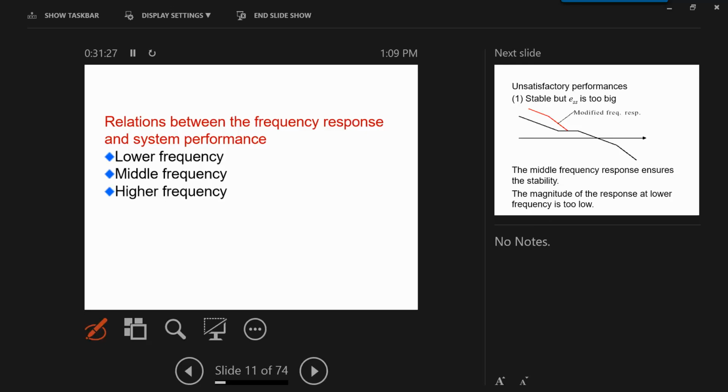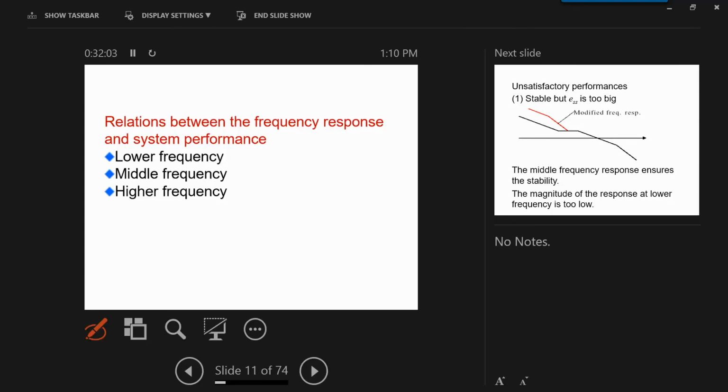So at high frequency the controller does not do much, but we can see that if the slope at high frequency is large, this means the system is good, and its disturbance rejection and filtering abilities are higher. When you look, for example, at higher frequency, you have minus 40 dB or minus 60 dB per decade. This means the magnitude will drop 1,000 times per decade.